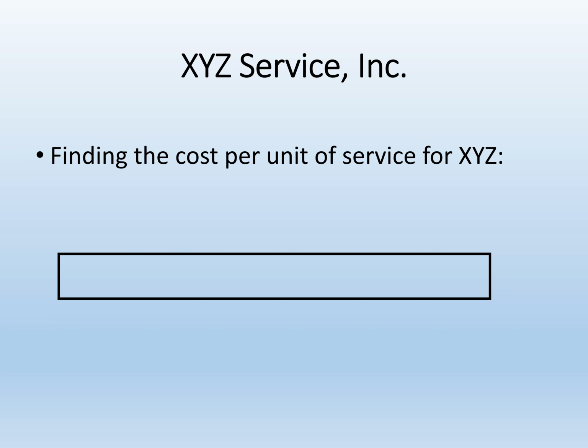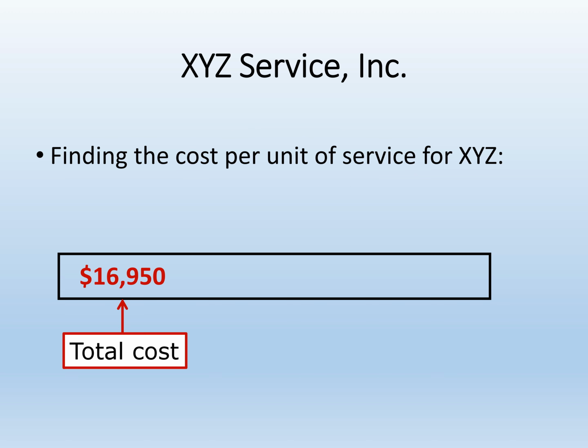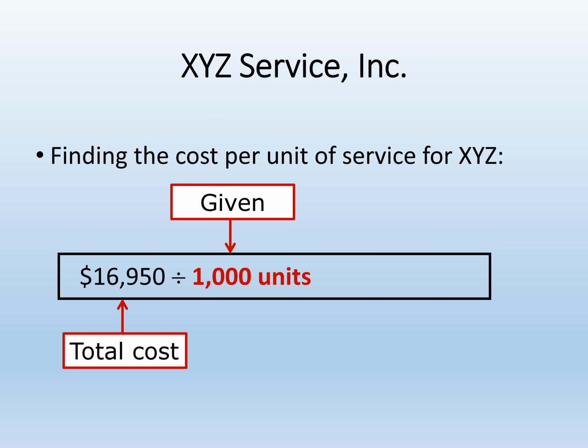Another thing that managers might want to do is to find the cost per unit of service for the period. To find that out, we would take the total cost, which was given, and divide by the number of units of service that were provided during the month, which was also given.